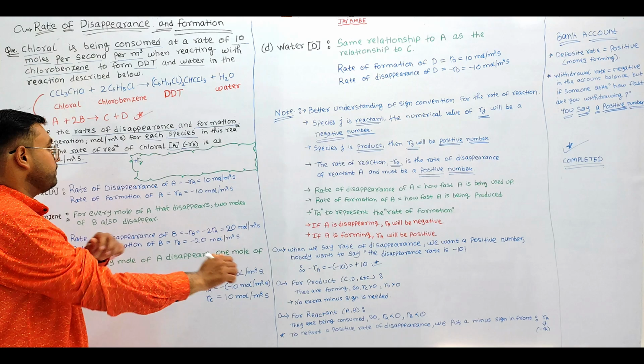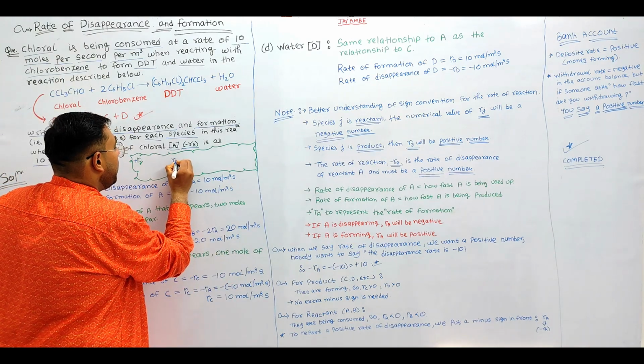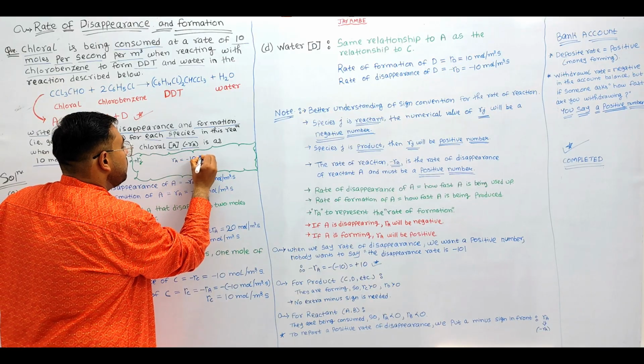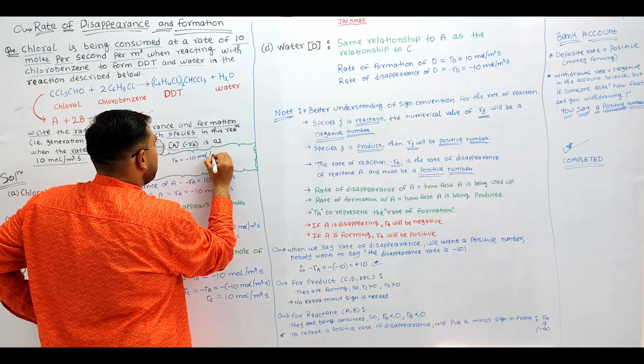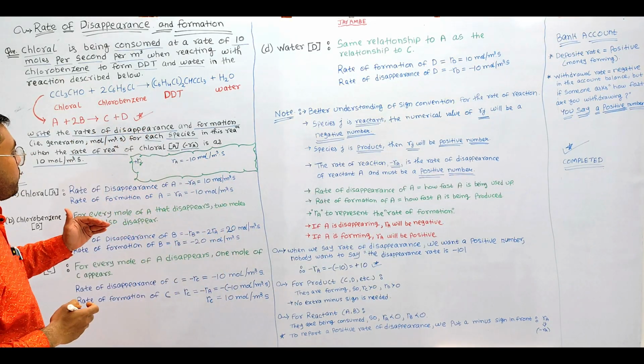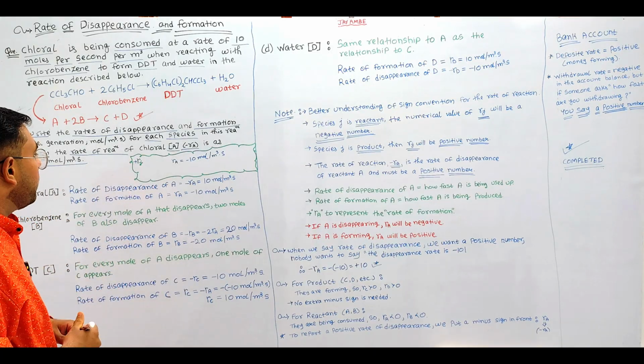In the question they have already mentioned the rate of the reaction of A, Ra is minus 10 moles per meter cube per second, right? Which means Ra is equal to minus 10 moles per meter cube per second, right?